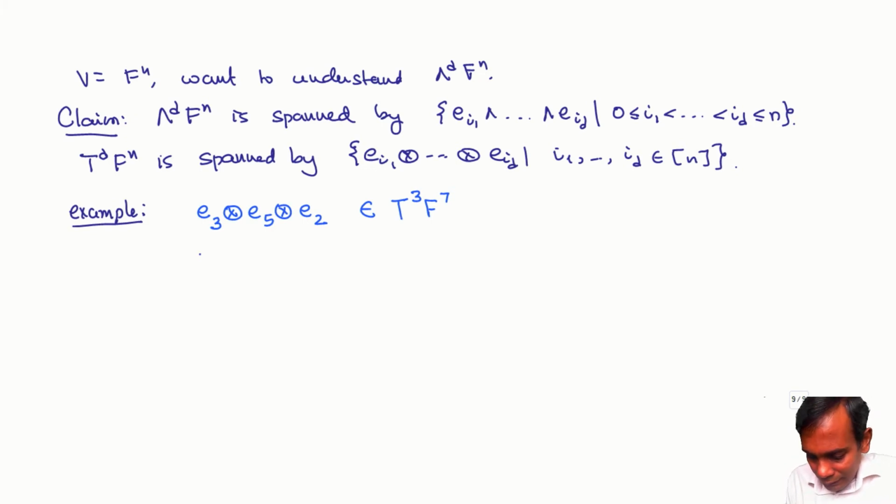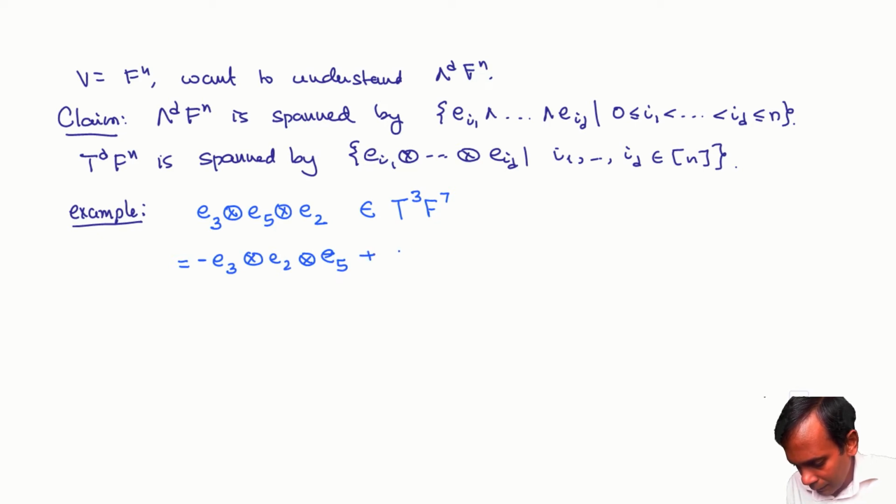Now I can write this as e3 tensor e2 tensor e5 plus e3 tensor e5 tensor e2 plus e3 tensor e2 tensor e5.